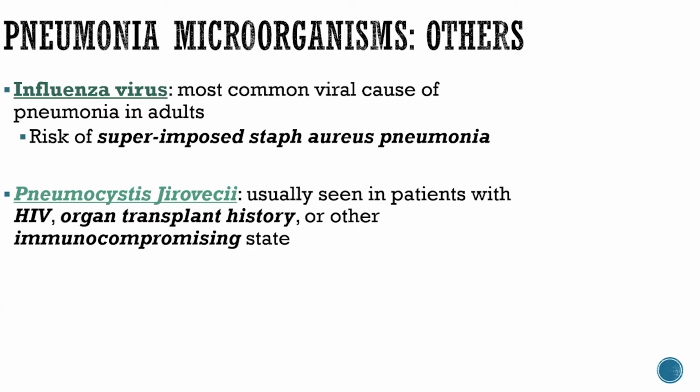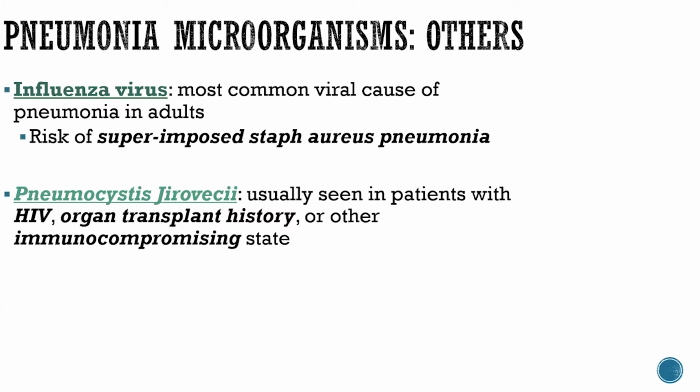Maybe they have cavitations or whatever have you. What possible pathogen may this patient have dealt with earlier? And the answer would be the influenza virus. Now, for those of you who care, the reason why is because influenza starts to attack the ciliary escalator within your lungs, essentially making it harder for you to clear pathogens out of your lungs and for you to cough it up, meaning that more virulent pathogens like Staph aureus can easily get in and cause a superimposed pneumonia.